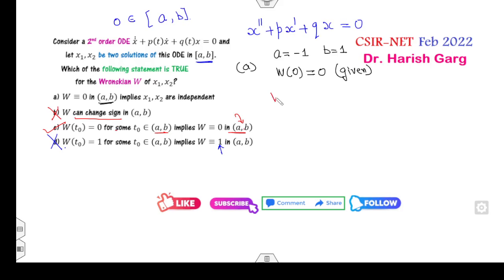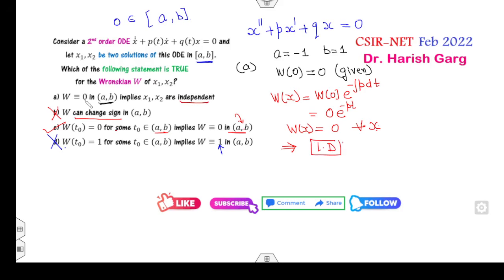Now you can use Abel's formula: Wronskian at the point 0, e raised to the power minus the coefficient of x dash with respect to t. So Wronskian at the point 0, e raised to the power minus of pt, is 0. If Wronskian is 0 for all x, that means they are LD. But he said independent. That option is cancelled. Only C is the right answer of the problem.